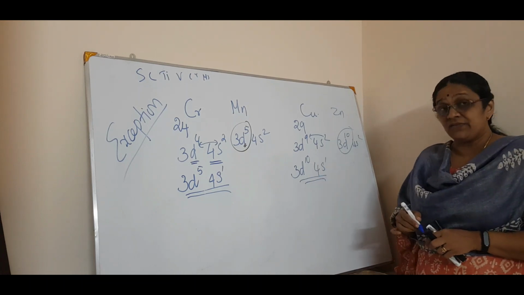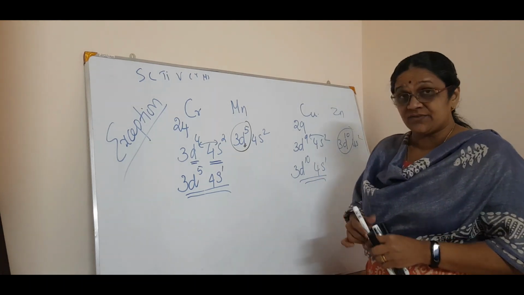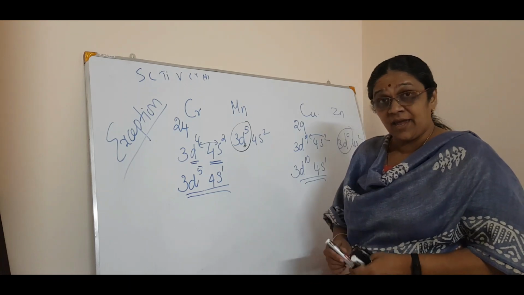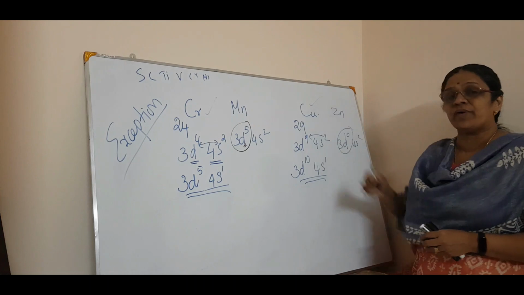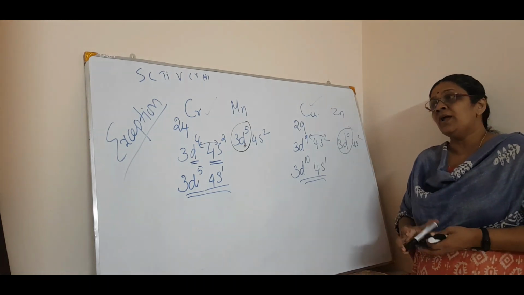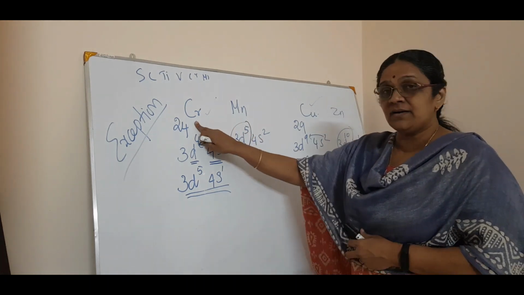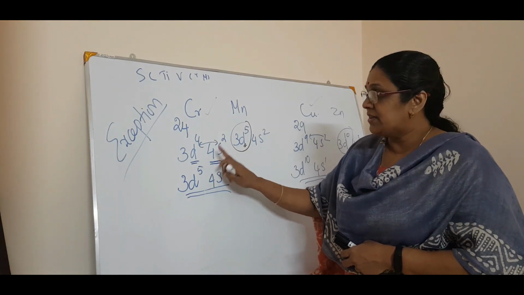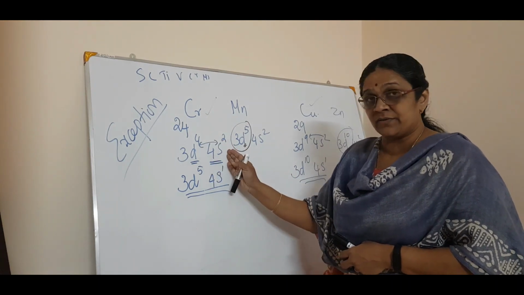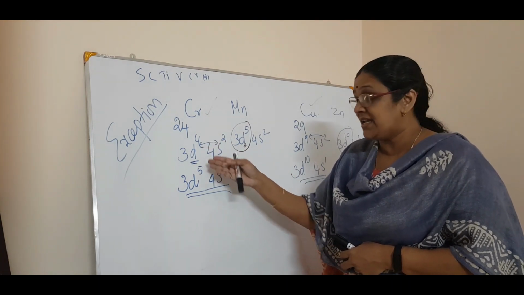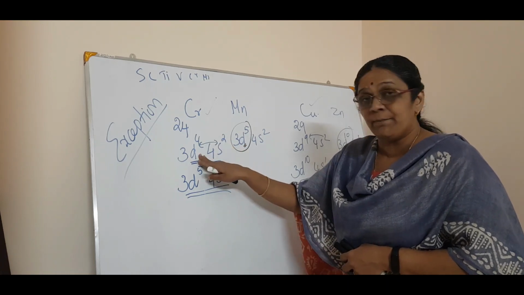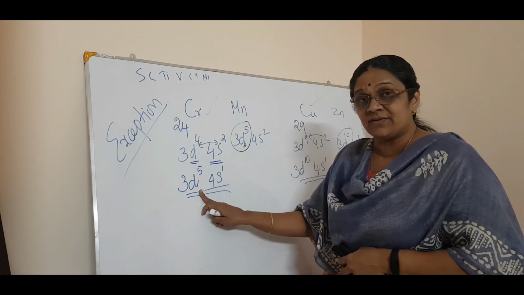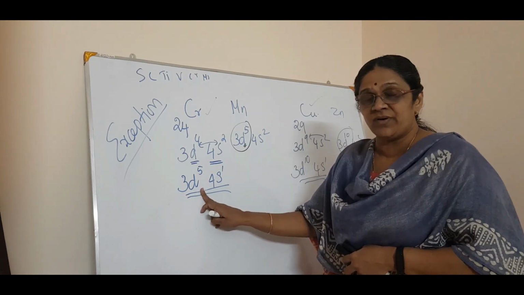So the question will be asked in the exam: describe the stability attained by chromium and copper. What you should do is first write the atomic number, then the configuration, then write that to attain the half-filled stability, one s electron will jump into the d orbital to form the extra stability of the half-filled d orbital.